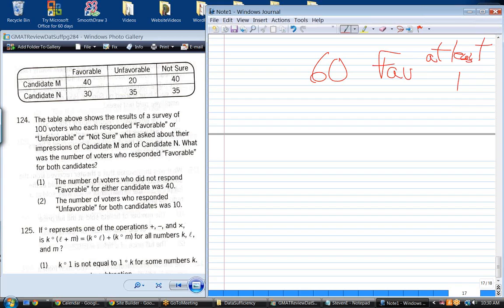Okay, and what does that tell me? Candidate M got 40 and candidate N got 30. So a certain amount of people must have given more than one candidate a favorable response.